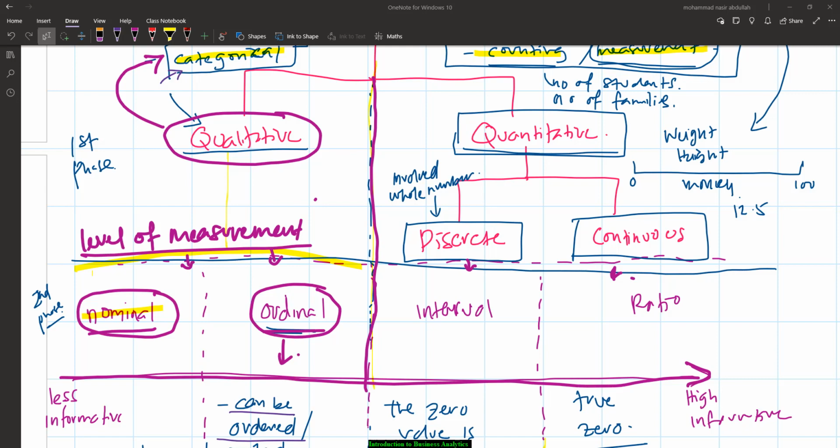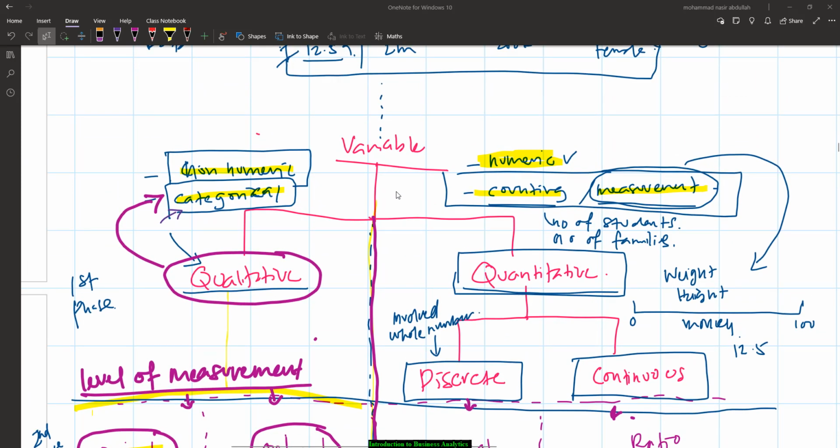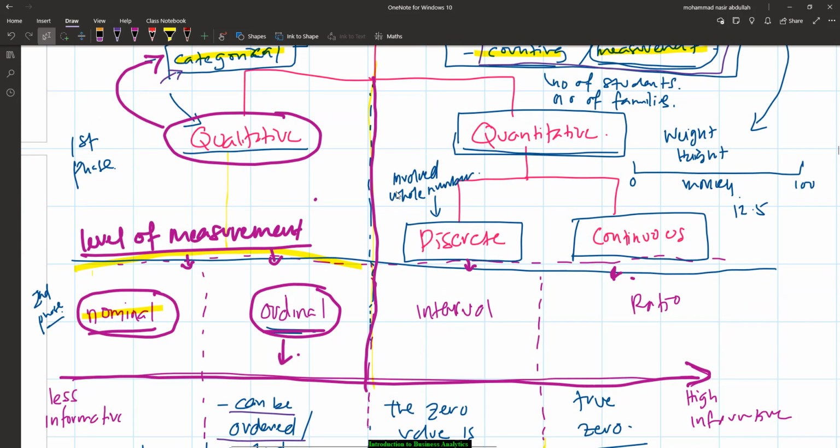Okay, the second part is a quantitative variable. Quantitative variable, as we know from prior information I told you earlier, can contain data from counting and measurement. So counting and measurement can be subdivided into two categories, either discrete quantitative variable or continuous quantitative variable.